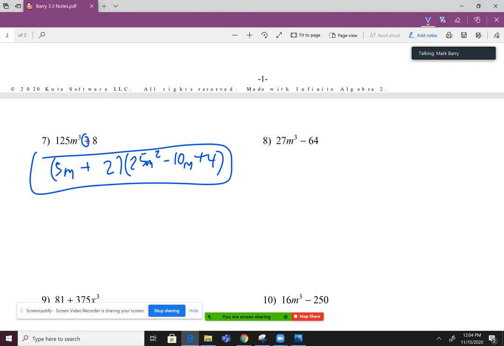All right, number 8. I got 3m and I get 4 in my small parentheses. Those are my perfect cubes. Once I have that, I build my big parentheses, 3m times 3m, 9m squared. 3m times 4, 12m. 4 times 4, 16.